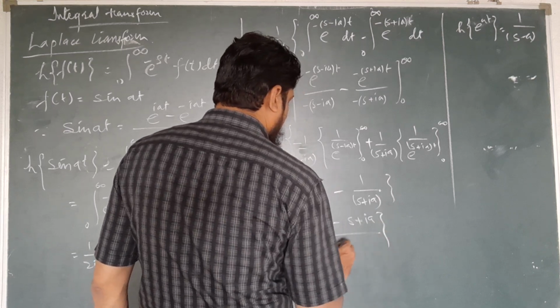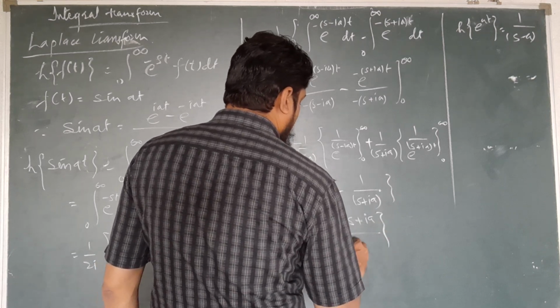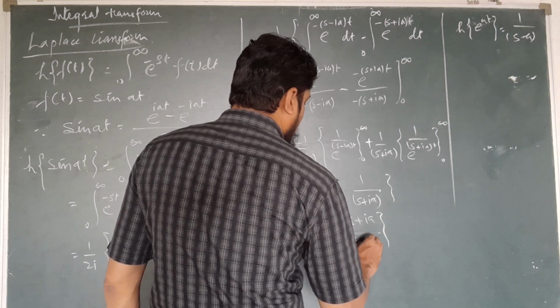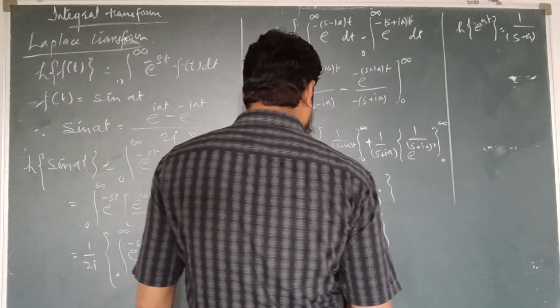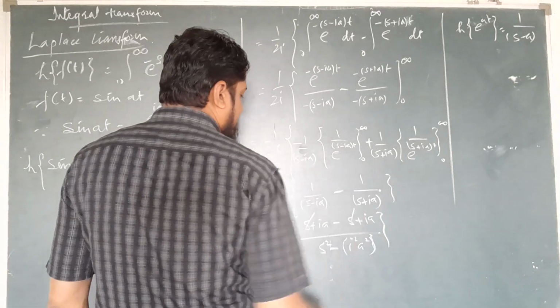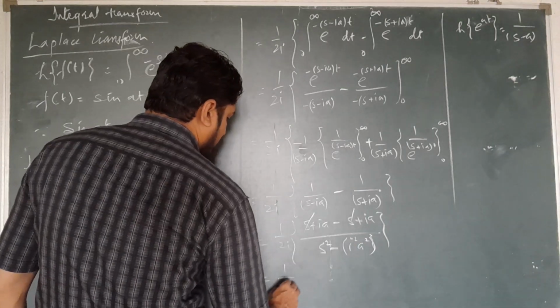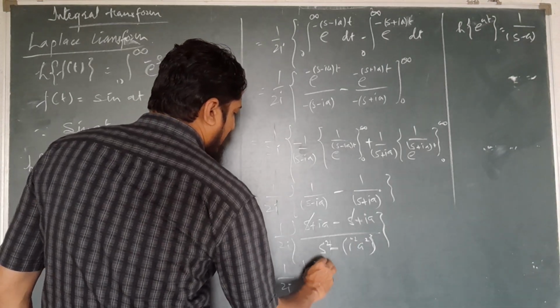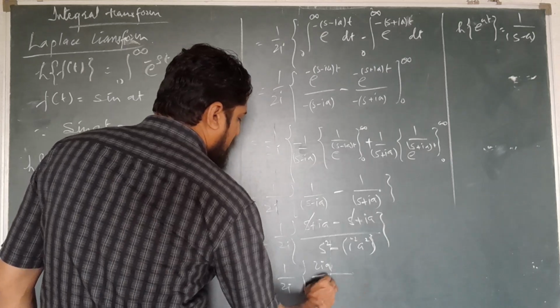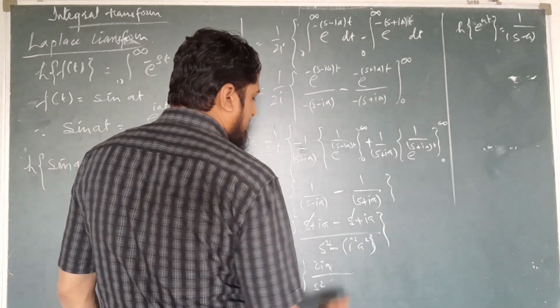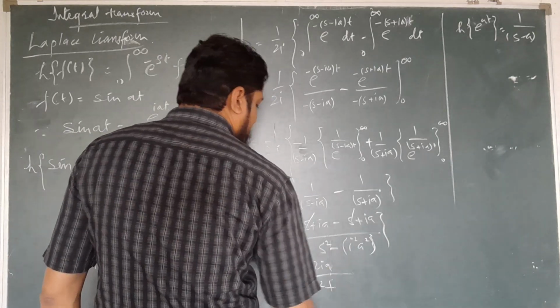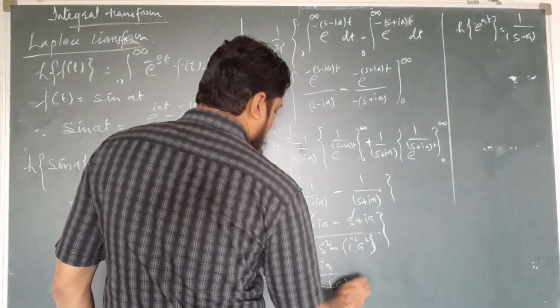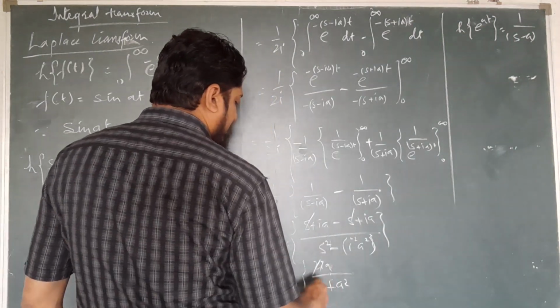upon s square minus i square a square. So minus s plus s will cancel. We will get 1 upon 2i times 2ia upon s square, i square becomes minus 1 and minus becomes plus, a square. 2 gets cancelled, i gets cancelled.